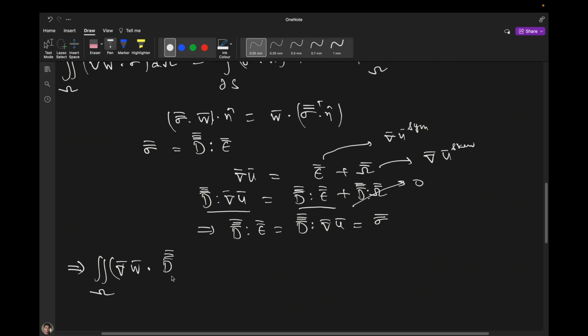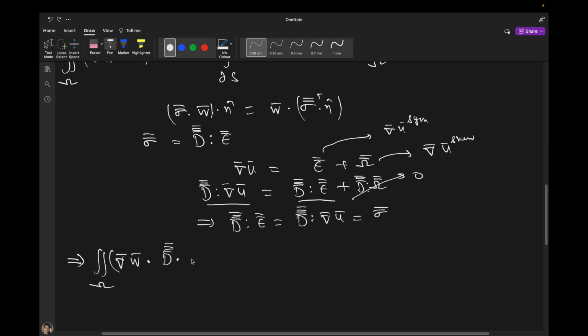Whatever it is, it will give a second order tensor, so it won't matter how we represent it.